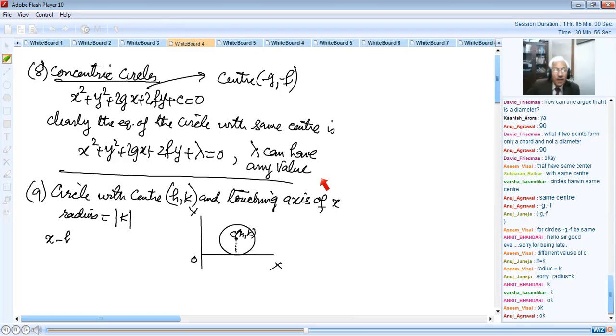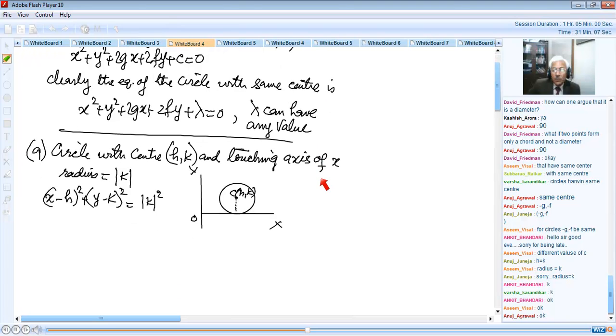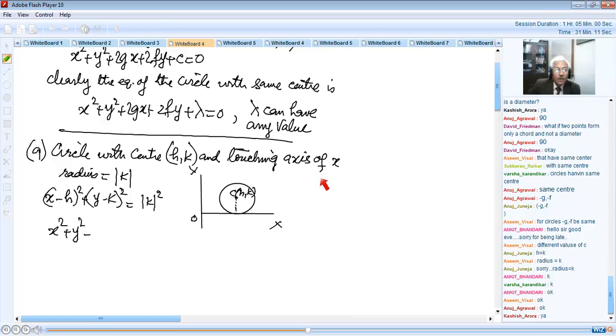Equation will be (x − h)² + (y − k)² = |k|², which can be written as x² + y² − 2hx − 2ky + h² = 0, because |k|² is equal to k², and k² will cancel out.